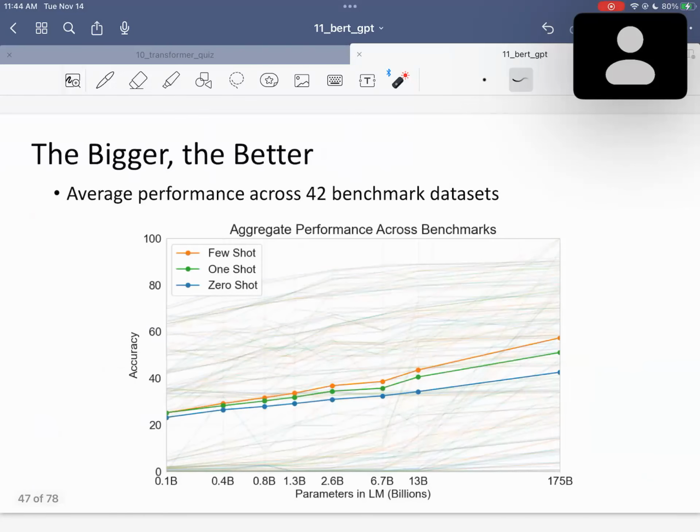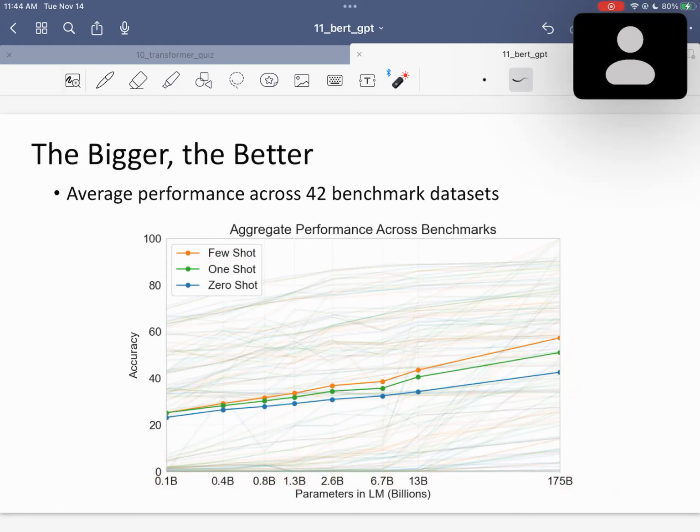A lot of different things. If you see these lines here, like the small lines, these are all different tasks. And this is the average of those tasks. And this is few-shot, one-shot, zero-shot. And they did it on, this is 110 million. So this is GPT-1, this is GPT-2, and there were a couple of bigger ones, and then there's GPT-3.